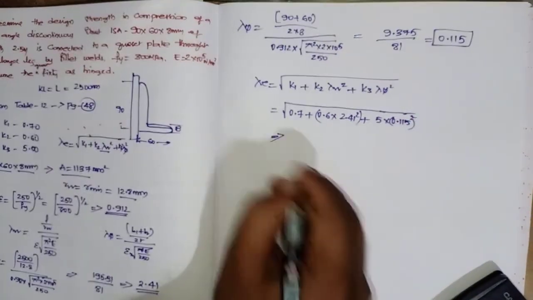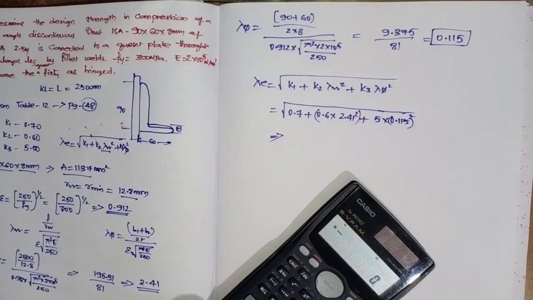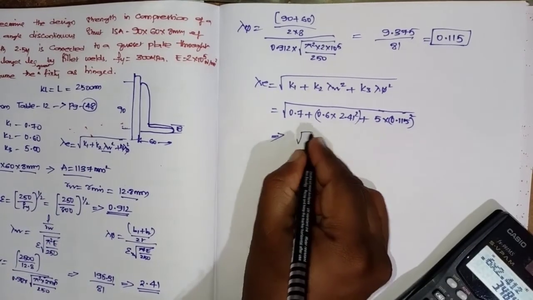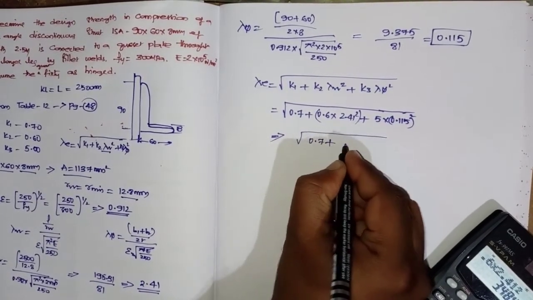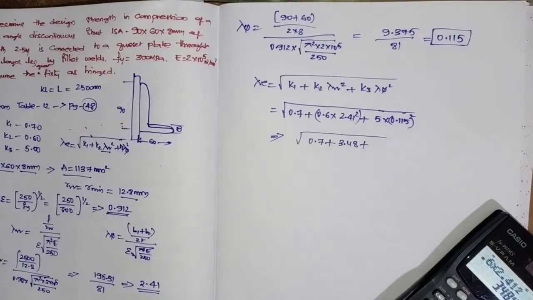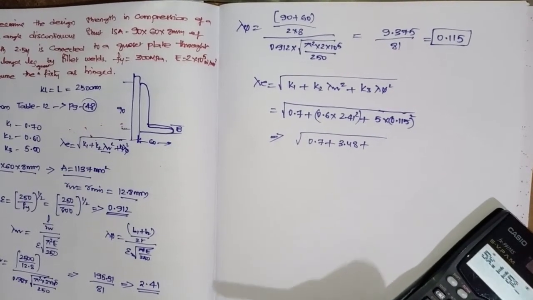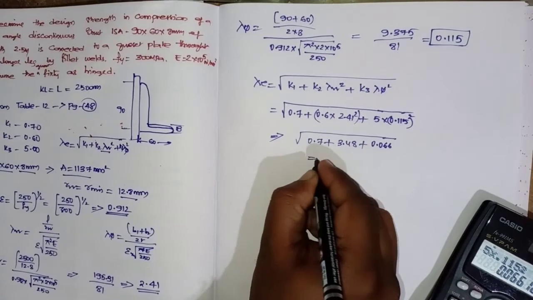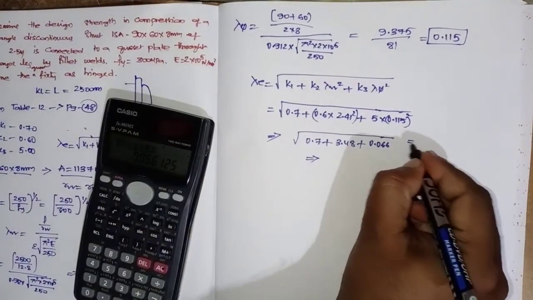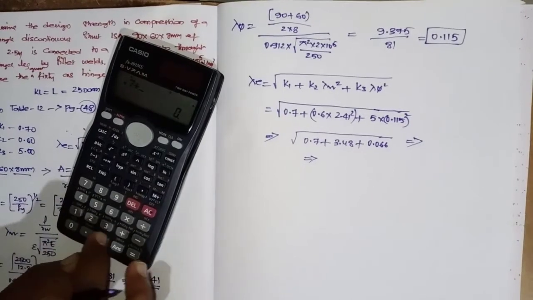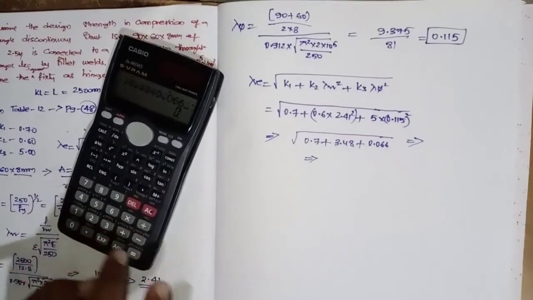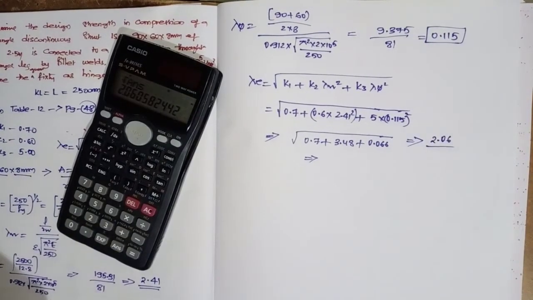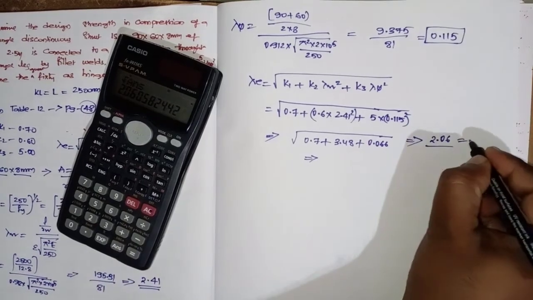So 0.6 into 2.41 square is 3.48, and 5 into 0.115 square is 0.066. Now 0.7 plus 3.48 plus 0.066, root of the answer. So how much did you get? 2.06. Okay, this is lambda E.